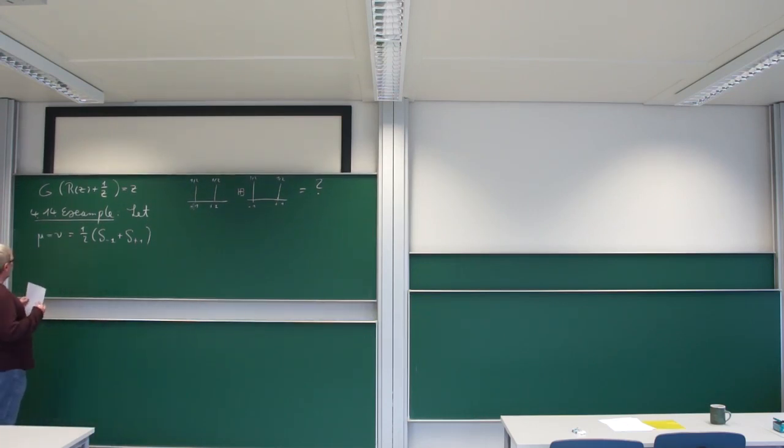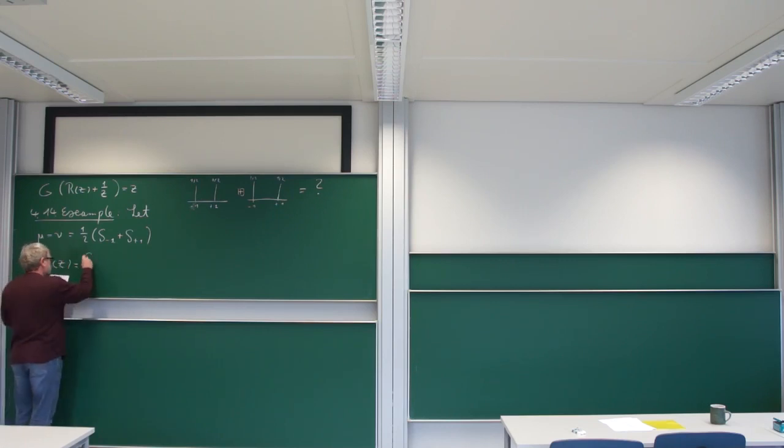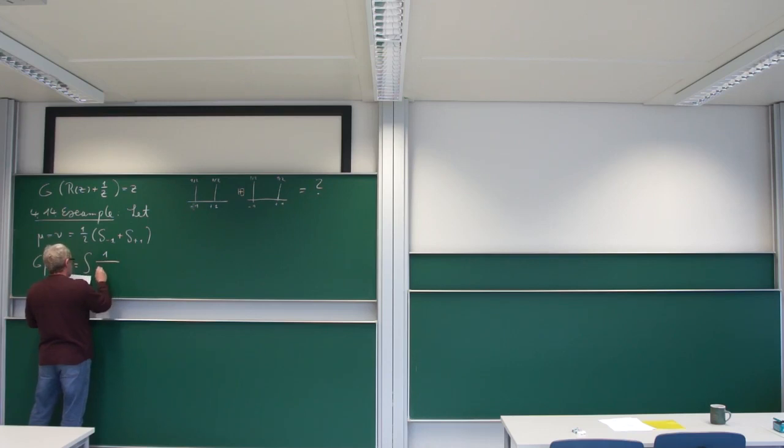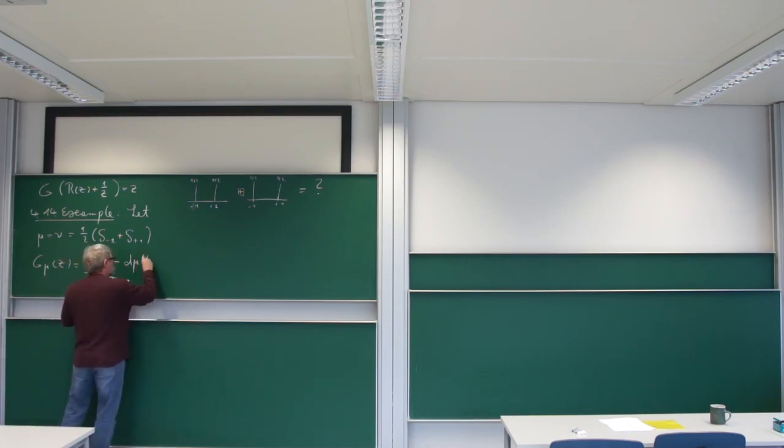So what do we have to do? We have to calculate the R transforms of those, because on the level of the R transform we know what is going on. For getting the R transform, we start from the Cauchy transform. So we calculate the Cauchy transform of mu. This is by definition the integral of 1 over z minus t, integrated with respect to mu of t.